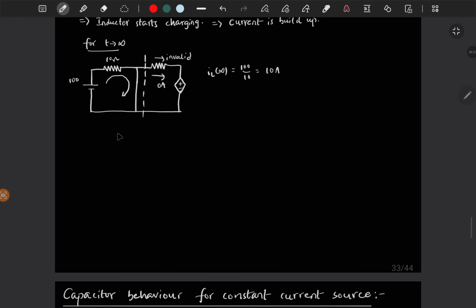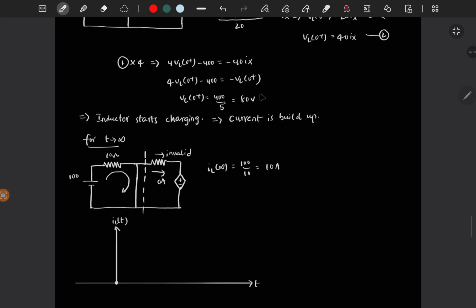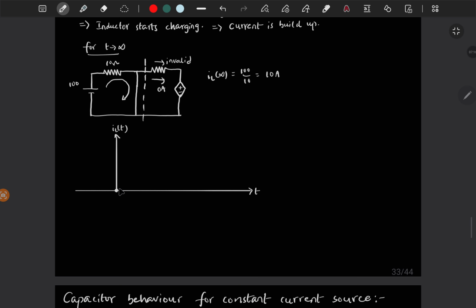So if you draw the waveform, IL of t with respect to time, it will start at 0. Since we have positive voltage of 80 volt at t is equal to 0 plus, it will start charging up and it will charge to 10 amps finally. So this is 10 amps at steady state.